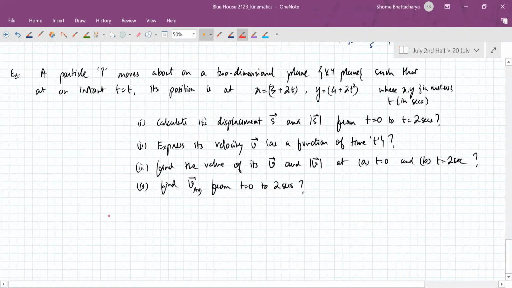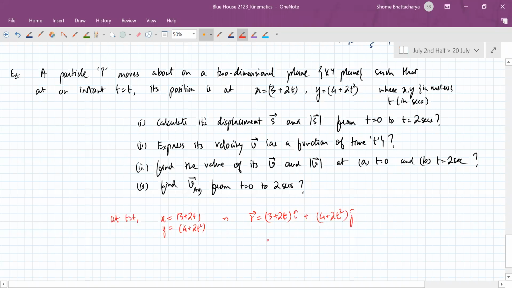So if at time t the x coordinate is given by this and the y coordinate is given by this, then we can also say that the position vector is 3 plus 2t i cap plus 4 plus 2t squared j cap.